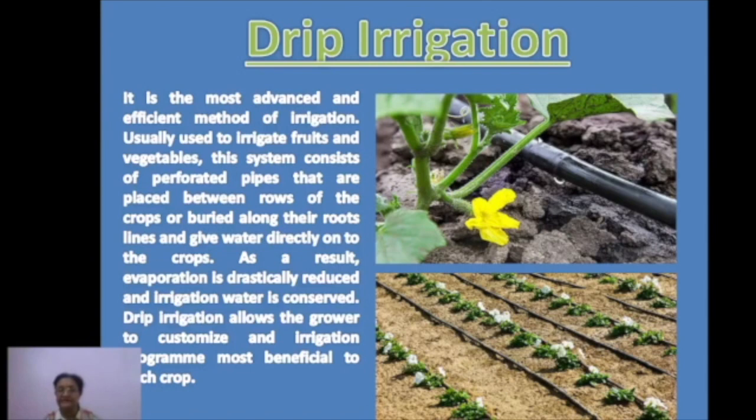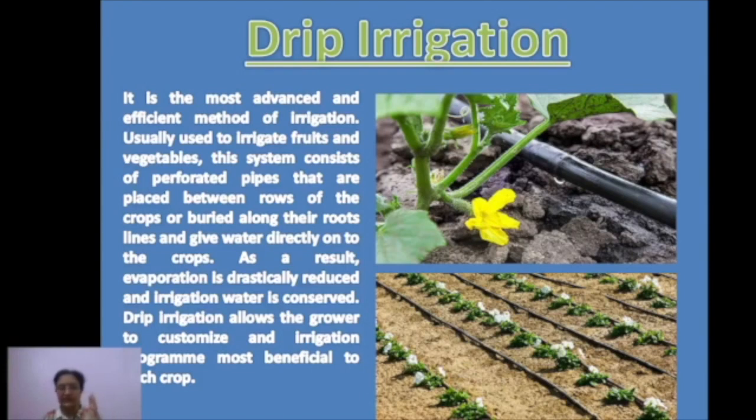Now what is it? It is the most efficient method of irrigation till now. Whether you take any traditional means or any of the modern means, this is the most efficient. Why? Because certain advantages are there. Number one is that loss of water is minimum, or you can say a very negligible amount of water gets wasted, because no water goes to waste by evaporation.